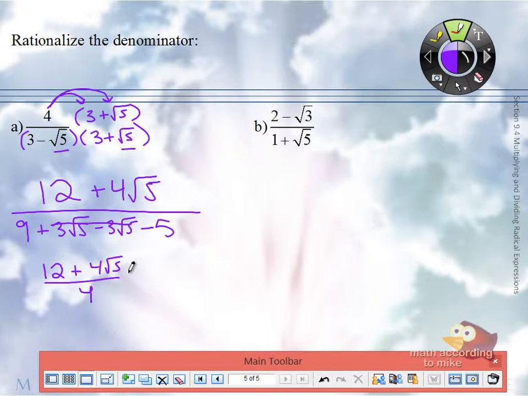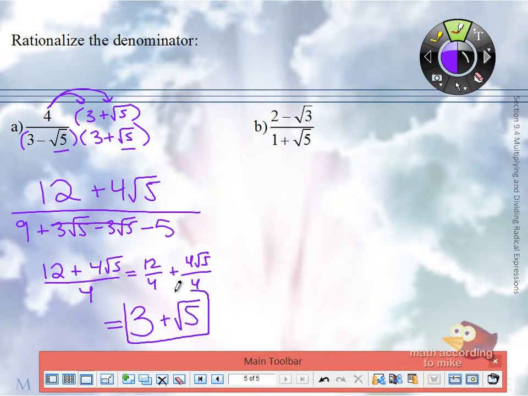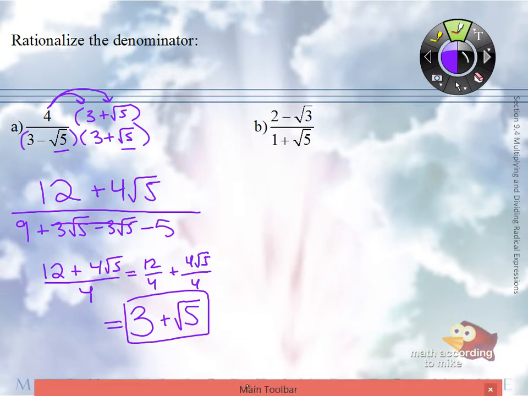I would prefer you thought of this as 12 fourths plus 4 radical 5 fourths, and then reduced it. What is 12 fourths? 3. What is 4 radical 5 fourths? So your final answer is 3 plus square root of 5.